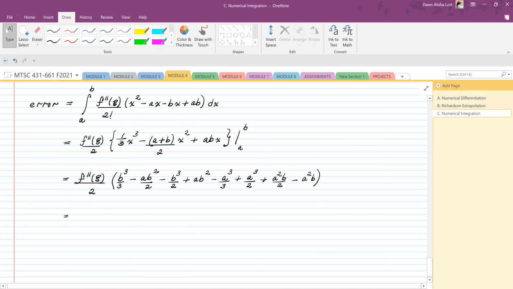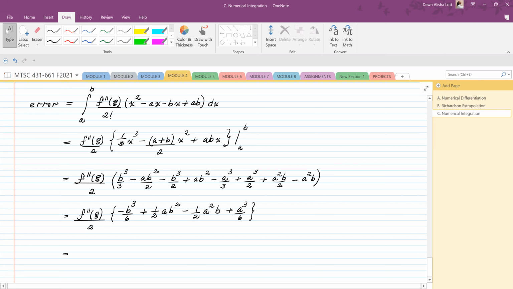Then this turns out to be f double prime c over 2, and then this turns out to be minus b cubed over 6 plus 1/2 ab squared minus 1/2 a squared b plus a cubed over 6. And believe it or not, that's so beautiful.